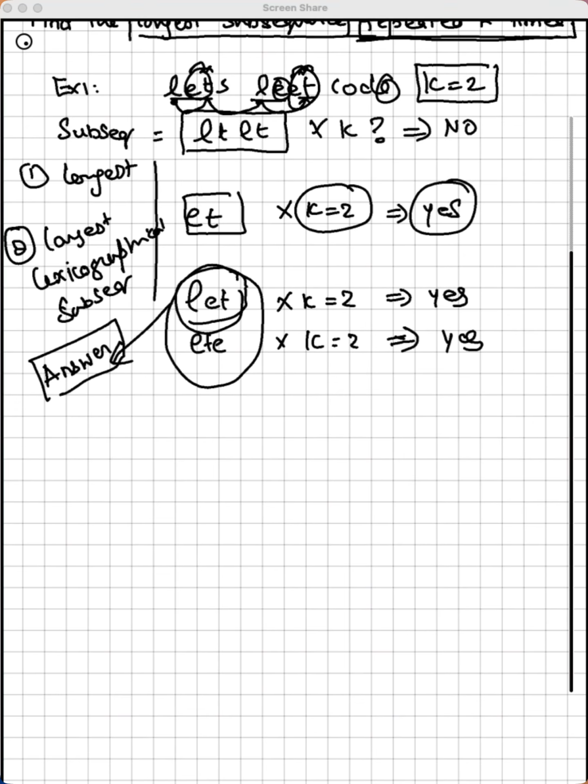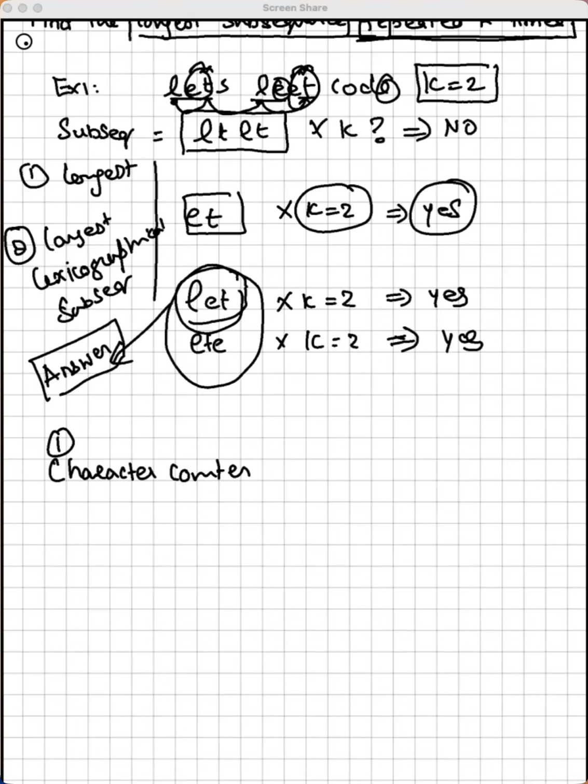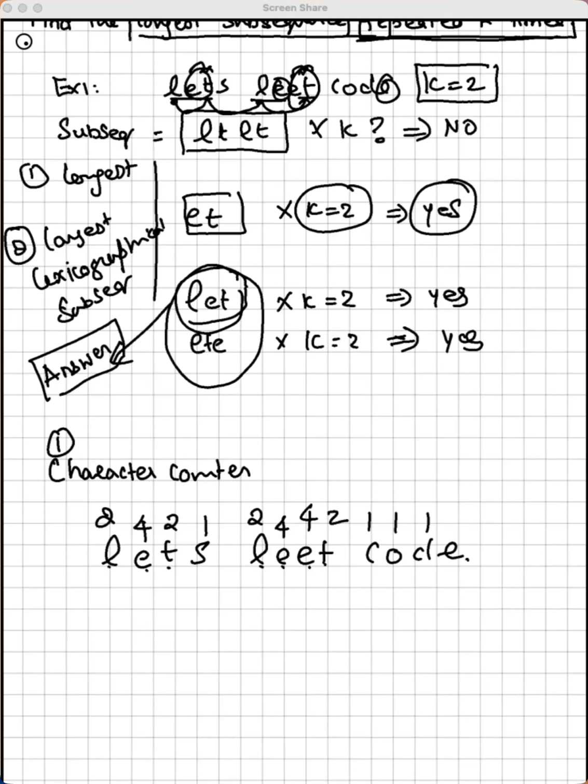First, let's start by getting the character counts. Okay, so let's do that. We write the problem again. This time we're going to write the character count. So L appears 2 times, E appears 4 times, T appears 2 times, S appears 1 time, L appears 2 times, E is 4, and so on.